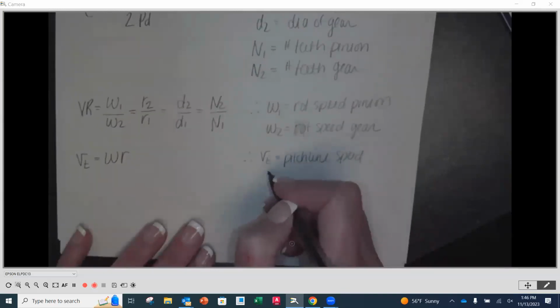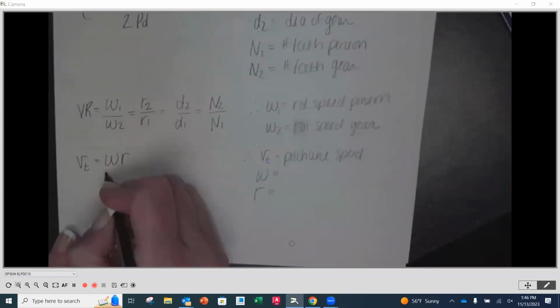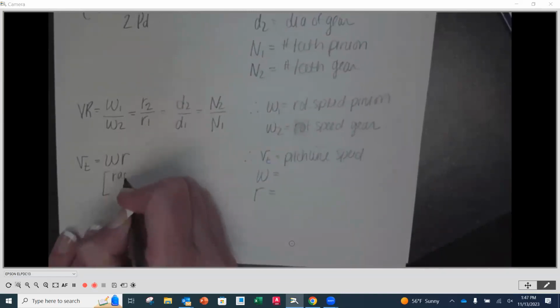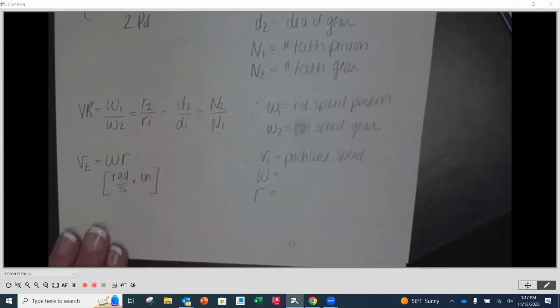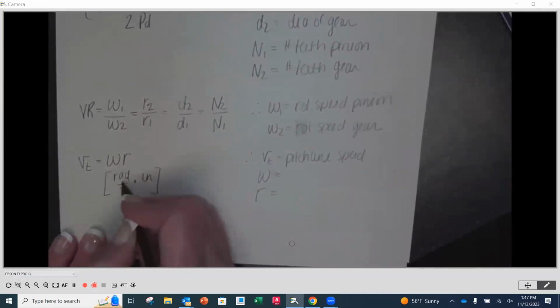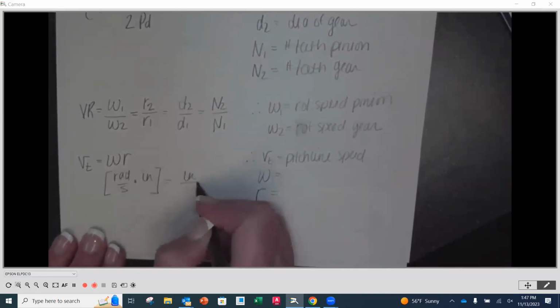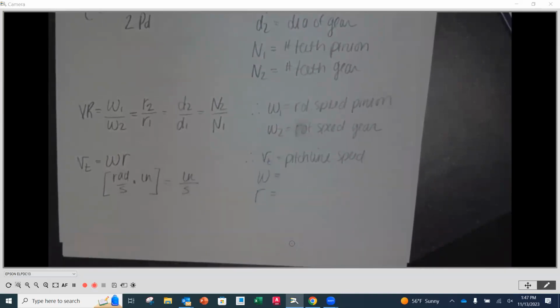I'm going to put my W here and my R here. For my W, I need radians per second, multiplied by inches. When those multiply out, what do they equal? Inches per second. The radians magically disappear.